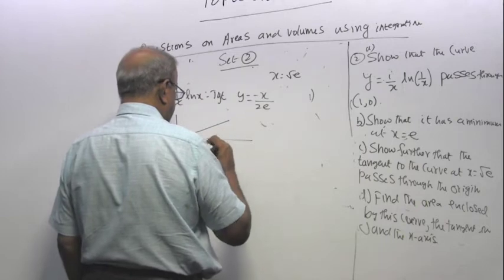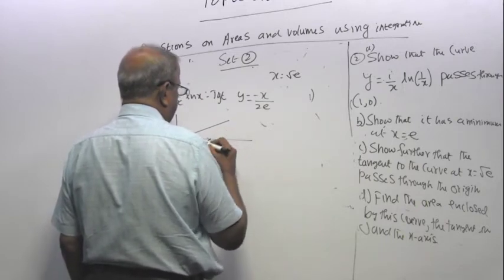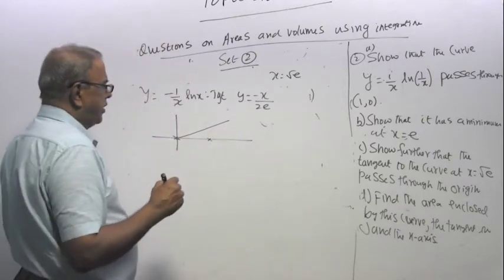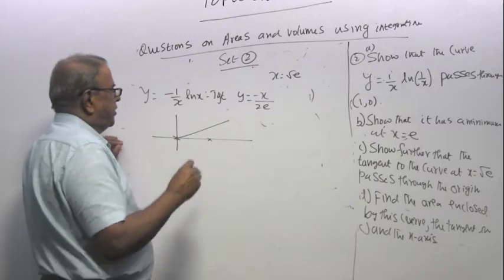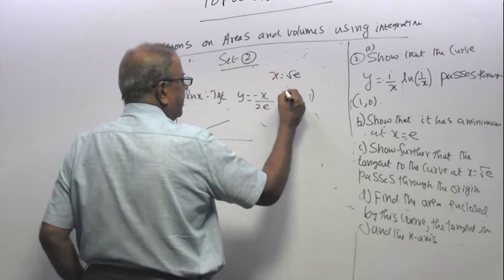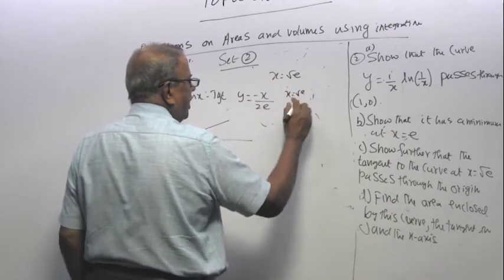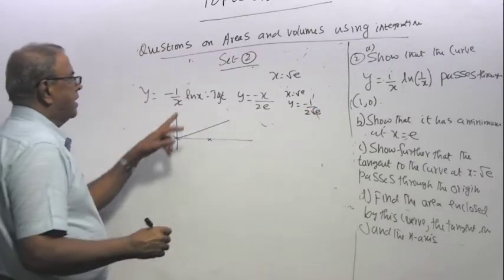So in other words, the graph, to be honest, how does the graph go? At x equal to 1, y is 0. At x equal to root e, y is minus 1 over 2 root e, isn't it?